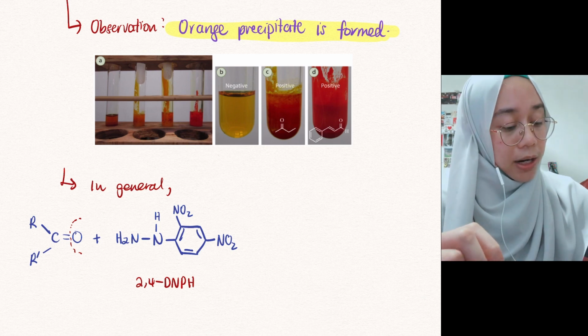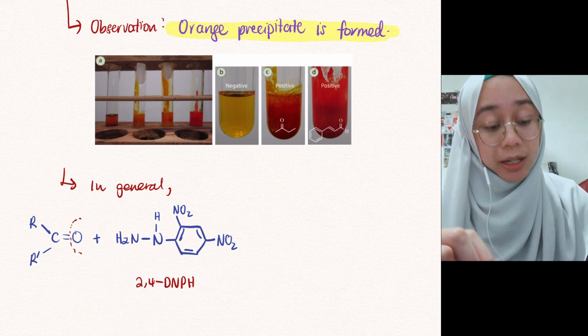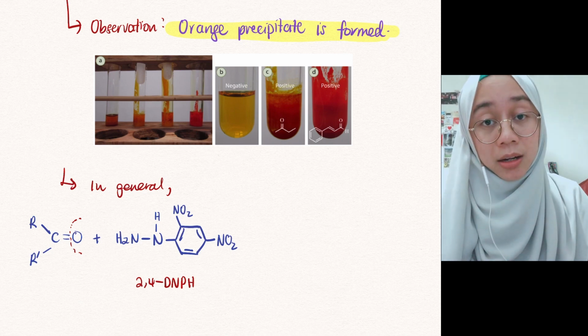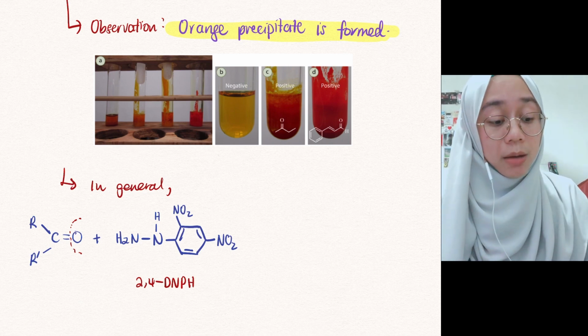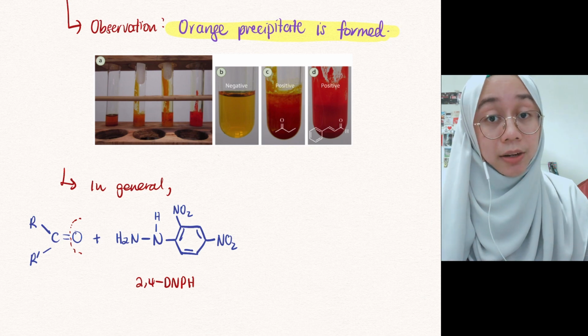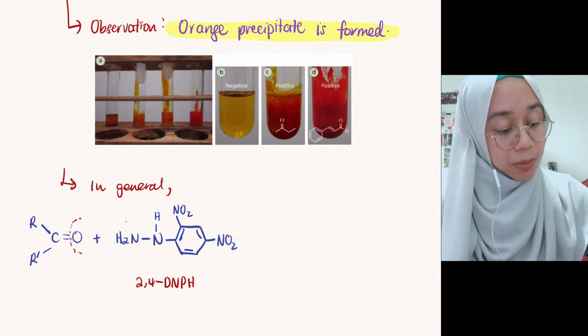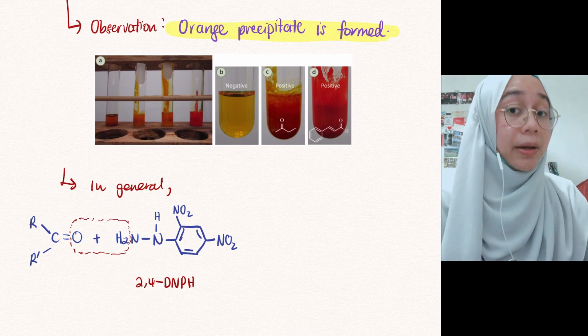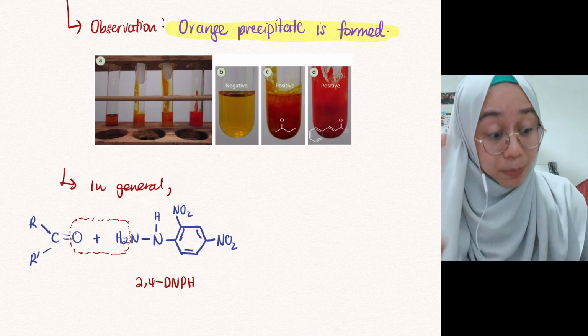Okay. Meanwhile, apa yang kita remove pula daripada kita punya 2,4-DNPH, sebab nak remove water kan? So kalau oxygen daripada kita punya carbonyl, bermaksud daripada 2,4-DNPH kita akan remove H2. So specifically this particular H2 here. So yang ni yang akan keluar menghasilkan H2O. So dekat mana bahagian yang putus, dekat situ kita sambungkan.